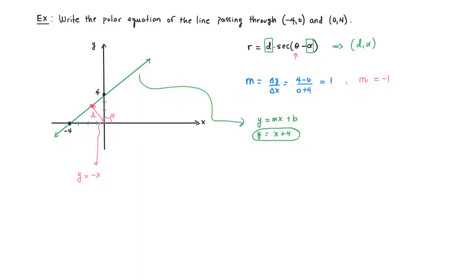And I want to know the point of intersection. So to figure out the point of intersection, I'm going to take the pink line, take the green line, and set them equal to each other. So when will x plus 4 equal -x? When 2x equals -4? So when x is equal to -2.